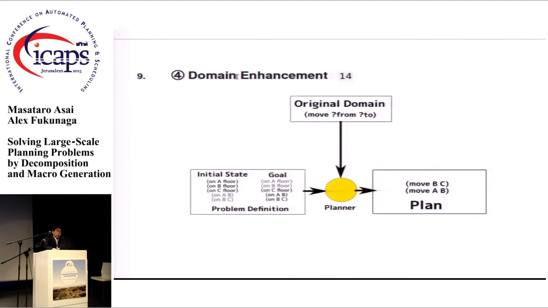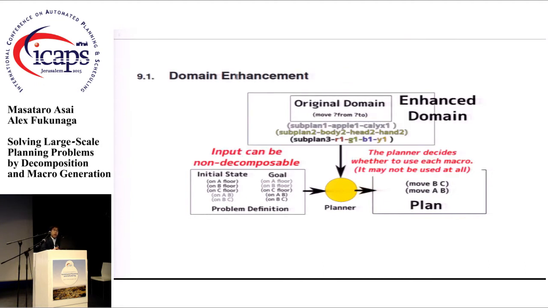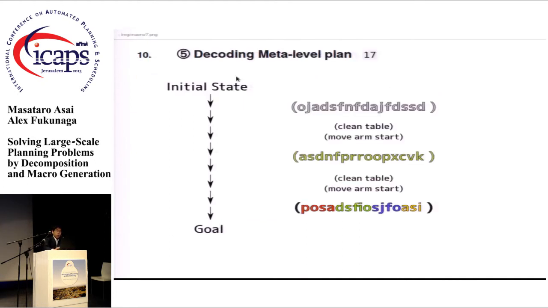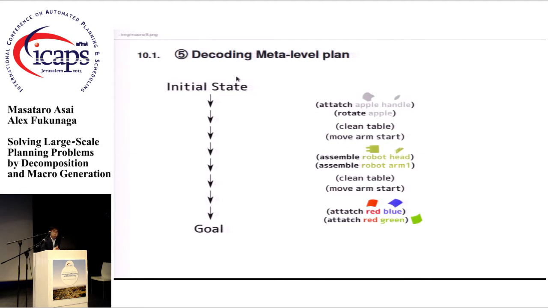The fourth step is the domain enhancement, which adds these ground macros. Remember that the input can be non-decomposable, and in that case the macros may not be used at all by the underlying planner. We don't care. Finally, we have this meta-level plan which contains macro actions, and we decode the macro actions into the base-level actions.